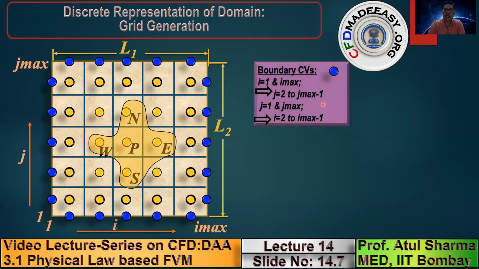These blue circles, as I had mentioned, correspond to the running indices: i equals 1 is the left wall, i equals imax is the right wall, and j is varying from 2 to jmax minus 1, that is 2 to 6, which is 5 points as shown here. j equals 1 is the bottom wall, and j equals jmax is the top wall, and i is varying from 2 to 6 again. So 2 to 6 means 5 blue circles on the bottom wall and 5 on the top wall. So I'm showing you the boundary grid points and their running indices.